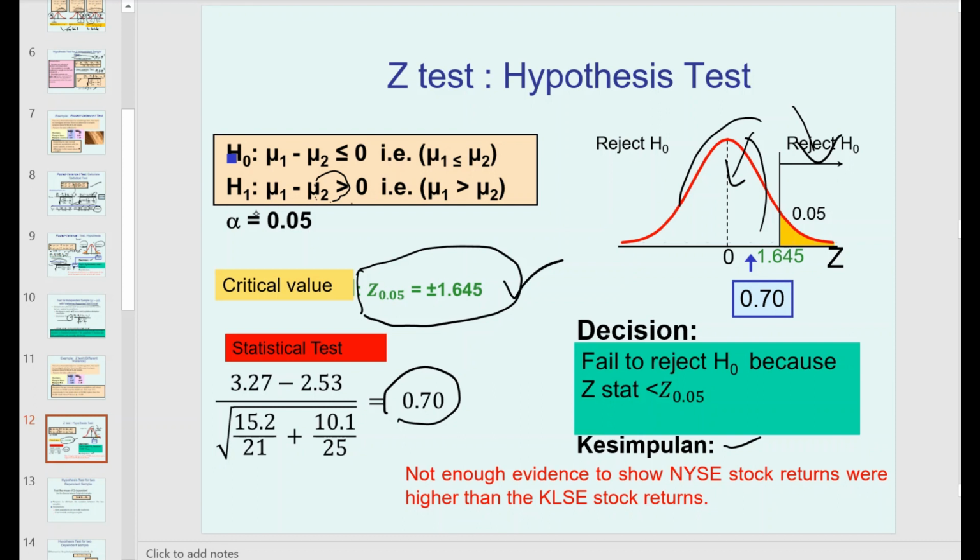This depends on the question and also on your H null and H alternative. Because you fail to reject H null, you just refer back to H null. What is your H null? When you fail to reject, it means that you have to accept your H null. So it comes to this assumption.